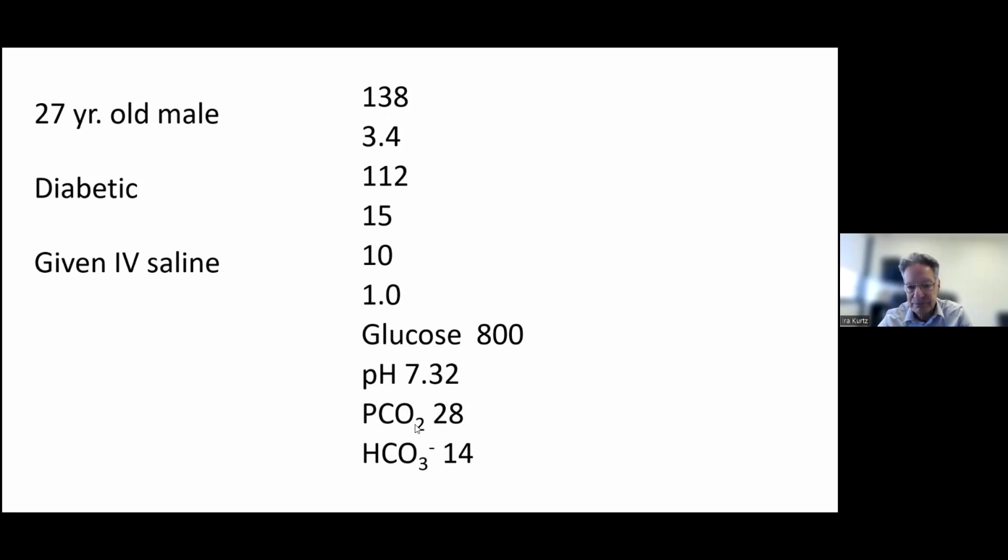And the bicarbonate would be 25. This is a difference of 11 on the bicarbonate side, and then of 12 on the PCO2 side. So almost equal, 1-to-1. So which of the three has an almost 1-to-1 delta?